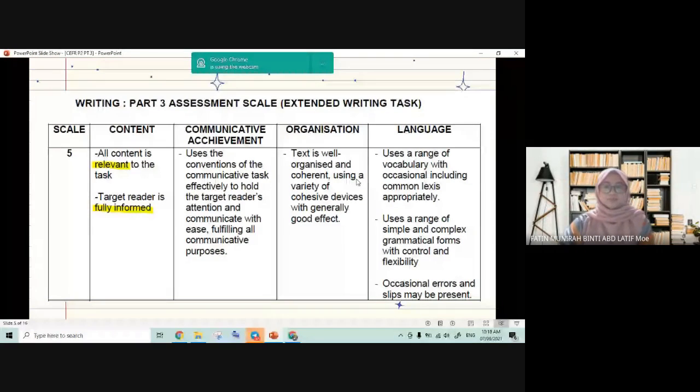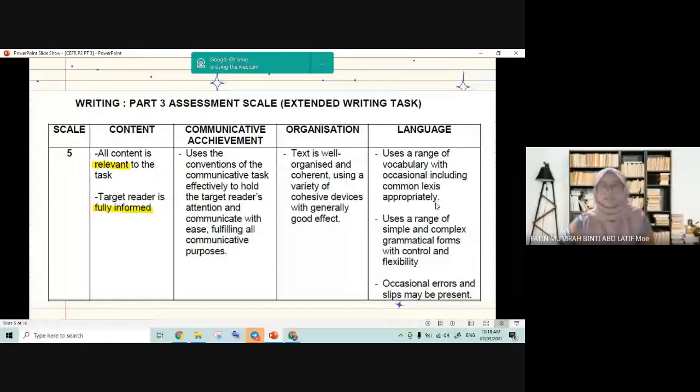Okay, last one. 5 marks for language. Language bahasa. Okay, dia tengok dua perkara, 2 things that they will look for. The first one is vocabulary. Okay, penggunaan kosakata. Whether it is suitable or appropriate. Okay, sama ada disesuai ataupun tidak. Okay, appropriately maksudnya bersesuaian dengan konteks yang awak bincangkan.